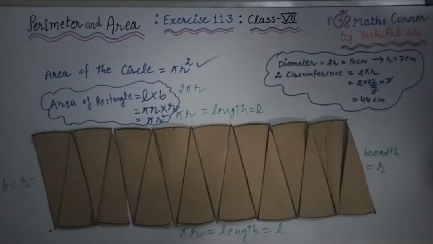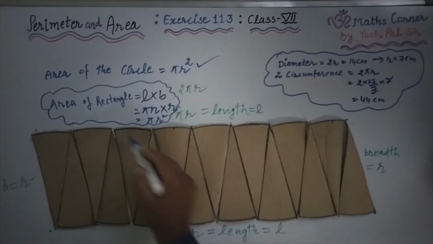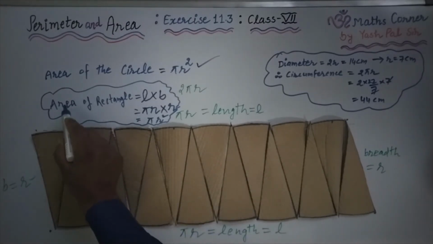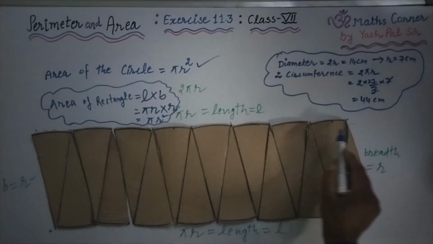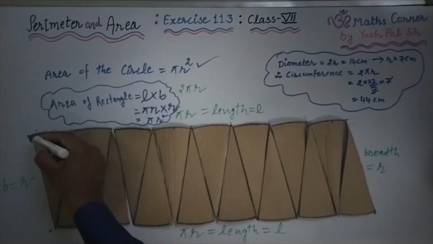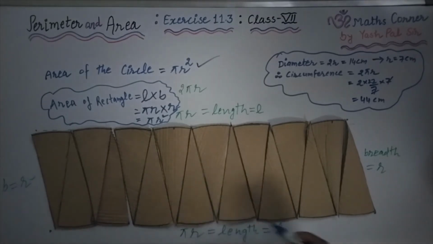As in the previous video, we have already discussed how we got the area of the circle, how we derived the result pi r square, length into breadth. This is the rectangle, radius is breadth, and pi r is the length.